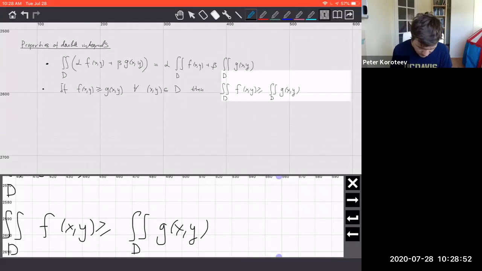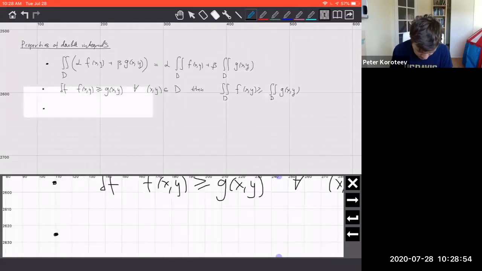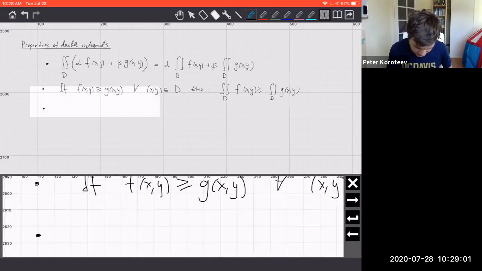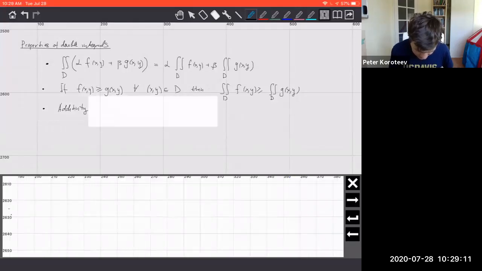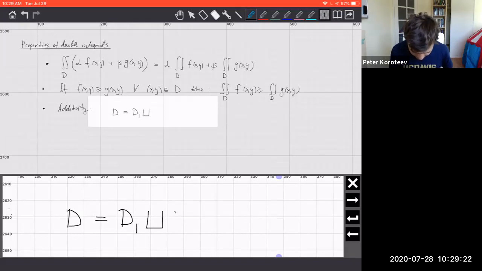Okay, and third, which might look a little bit different: although the formula is the same as for the single integrals, its meaning might look a bit different. It's the additivity of the integral. So if domain D is the disjoint union, right, so they do not overlap.